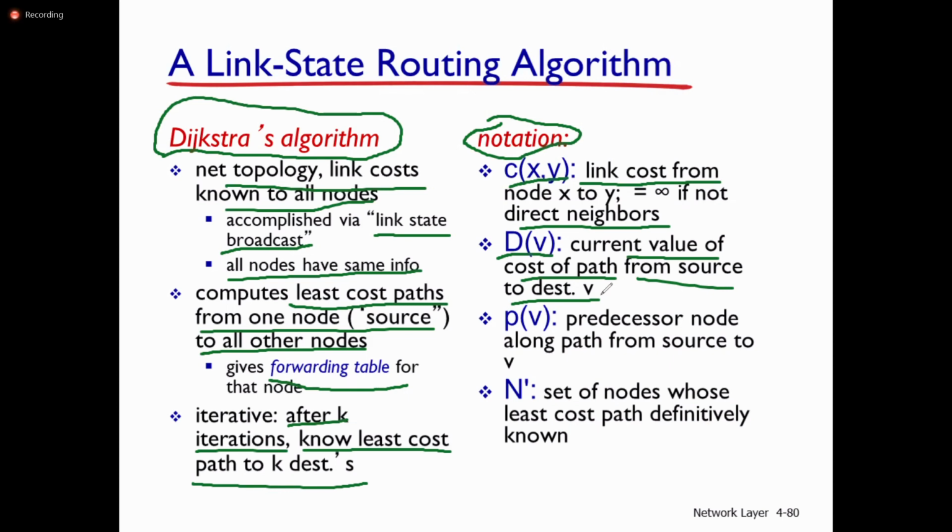We will see in the example what D of v and P of v are. Then N prime is the set of nodes whose least cost path is definitely known. So, C of x comma y is the cost from x to y, D of v is the current value of the path cost, P of v is the predecessor node, and N prime is the set of nodes whose least cost path is definitely known.